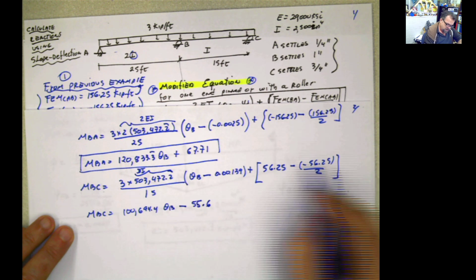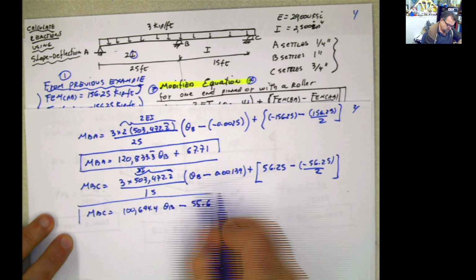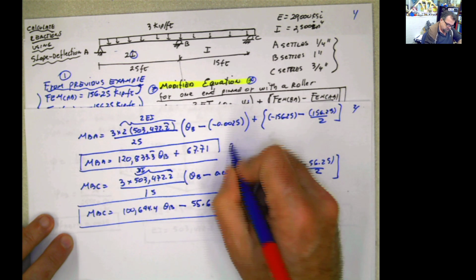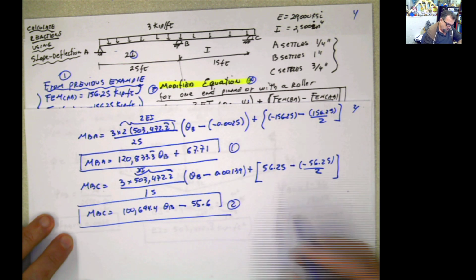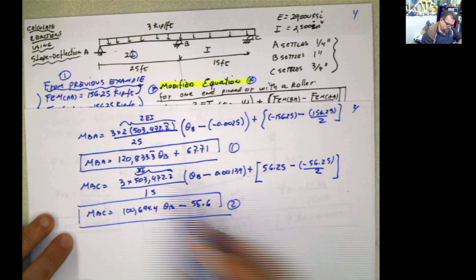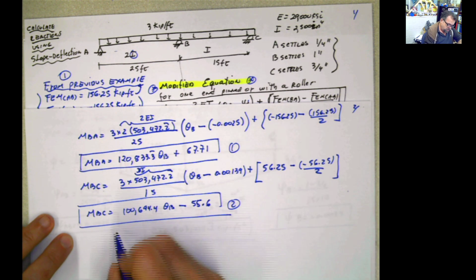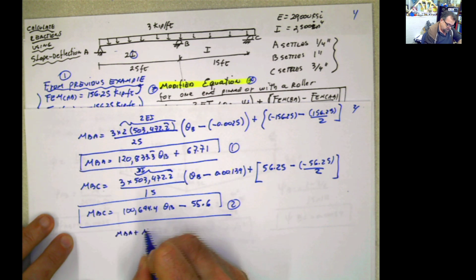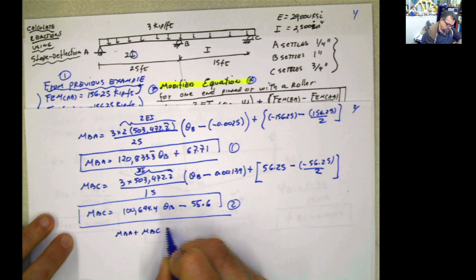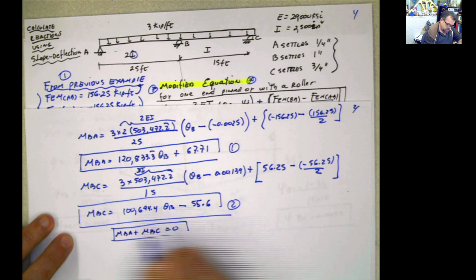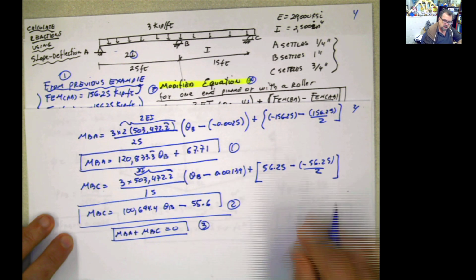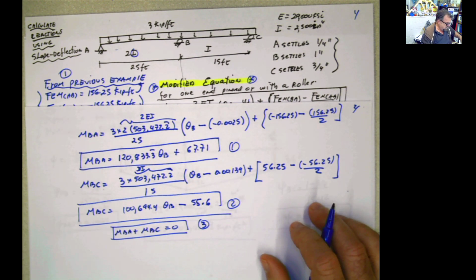This is when you combine everything here, and this is my second equation. Now once again, 3 unknowns, 2 equations. What is the equilibrium? The equilibrium is at joint B, so MBA plus MBC has to be equal to 0. Every joint has to go to equilibrium. And then we have this. Perfect. Put it together.